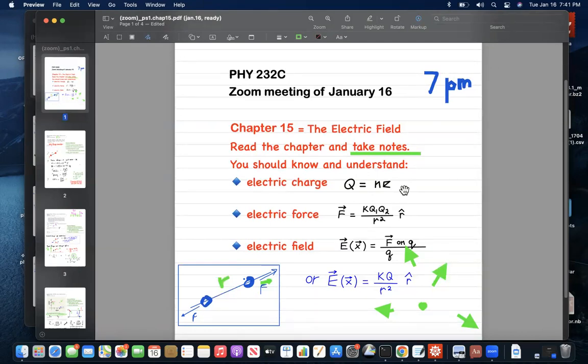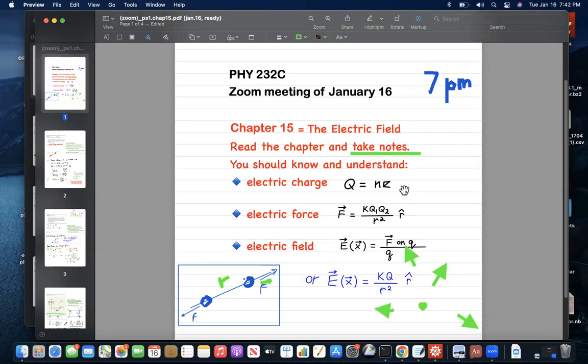So if you just consider an atom, which consists of protons, neutrons, and electrons, then the charge from the electrons will be the number of electrons times minus e. The charge from the nucleus will be the number of protons times plus e.